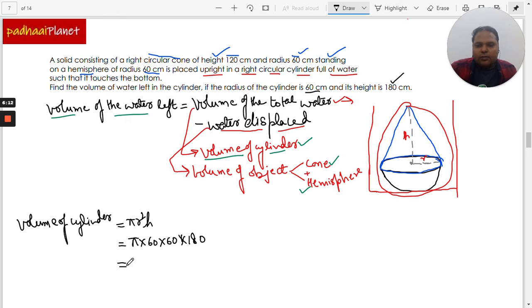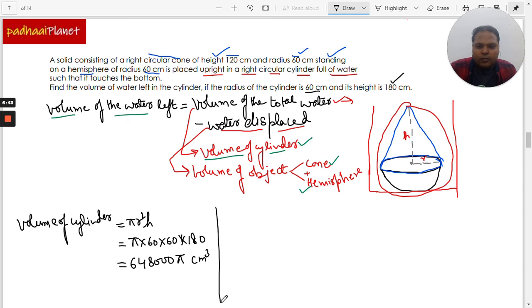So that's 6,48,000 pi cubic centimeters.